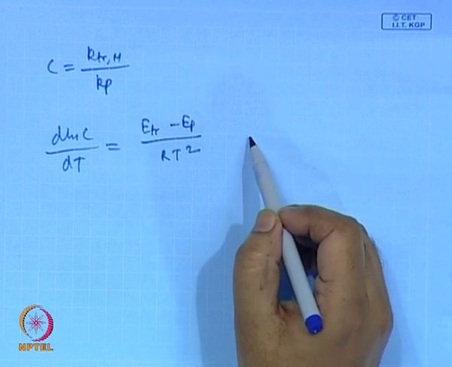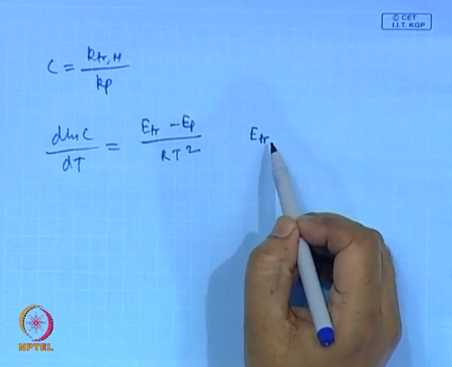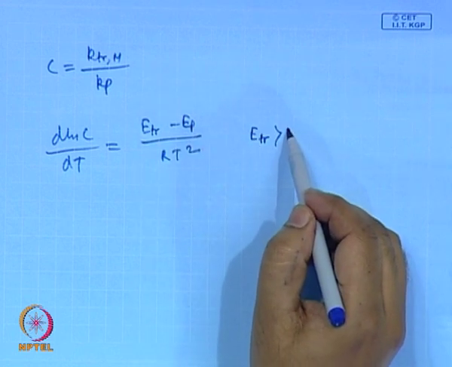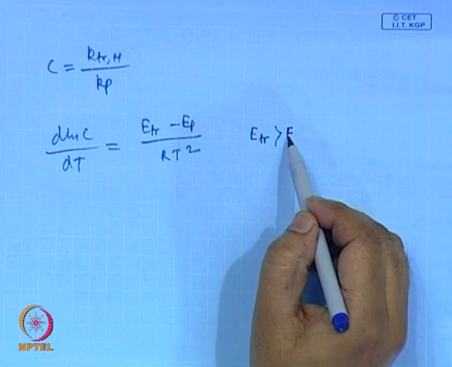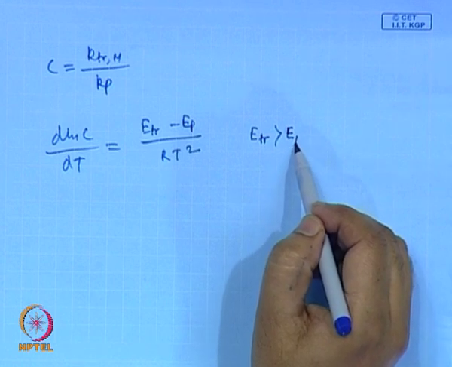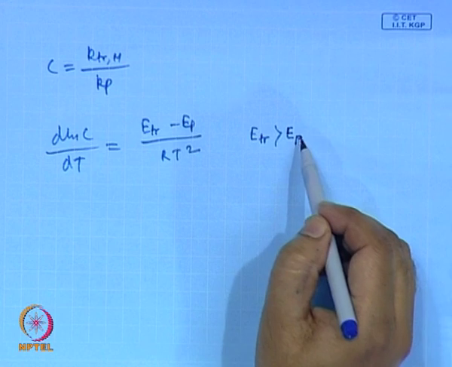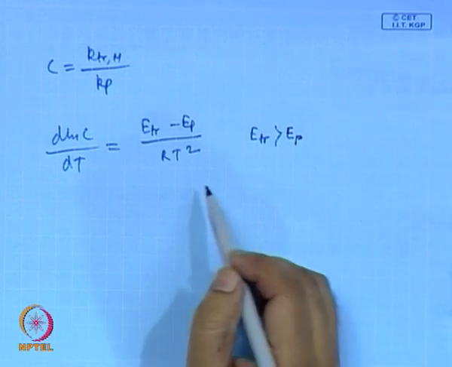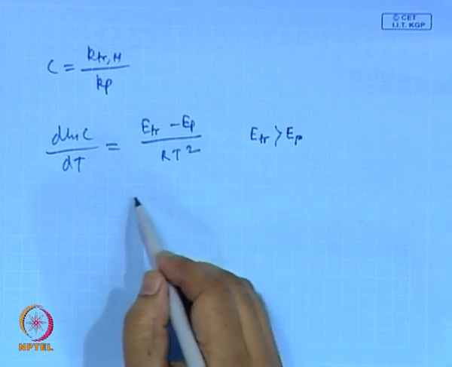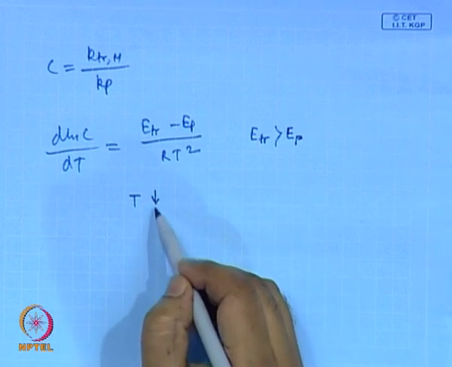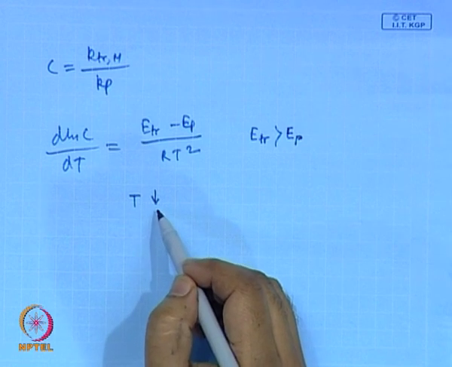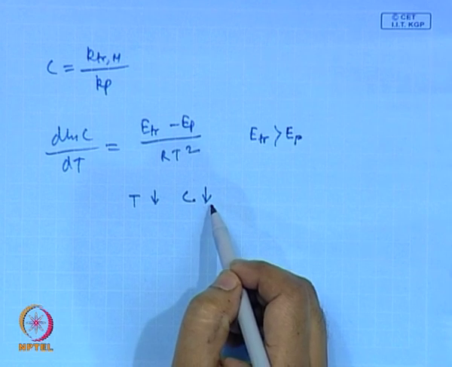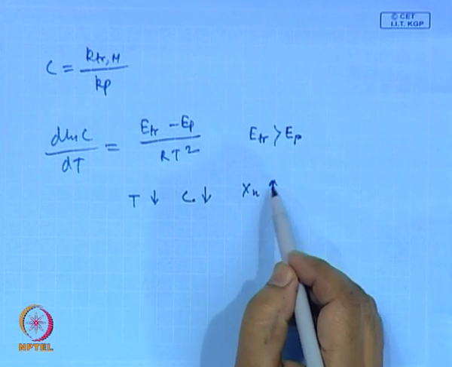Now, typically E transfer is higher than Ep, which means that with a decrease in temperature, C also goes down, which means x n goes up.